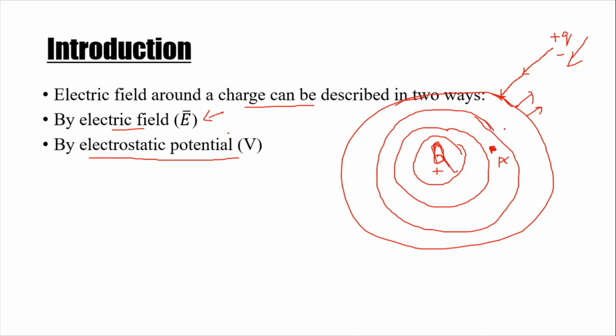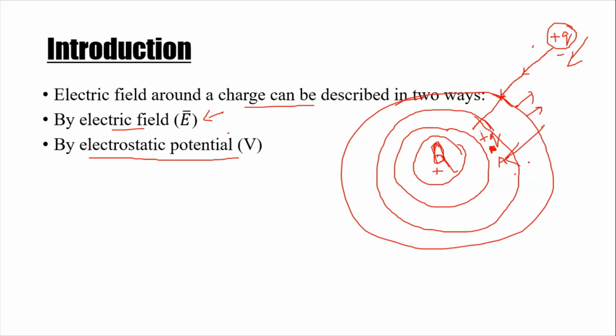My applied force on the test charge should be greater than the repulsion present here, so that I am able to safely place the test charge plus Q here. For placing plus Q here, we exert a force opposite to this electric field.